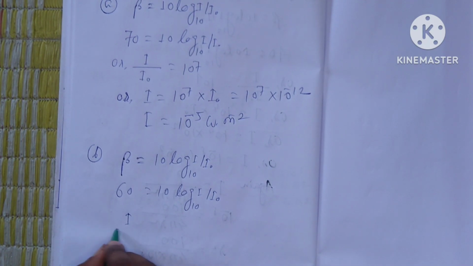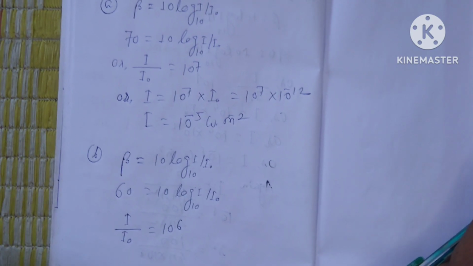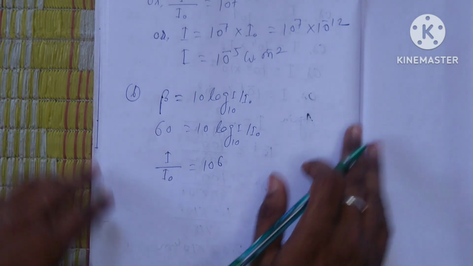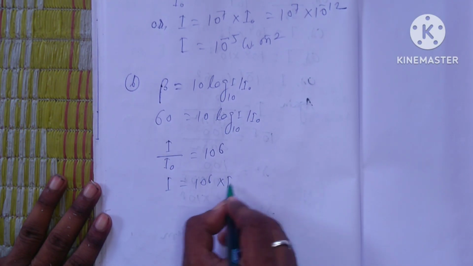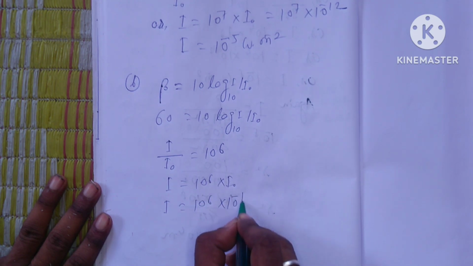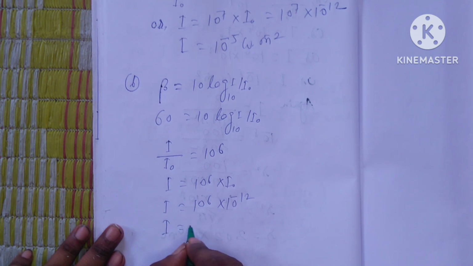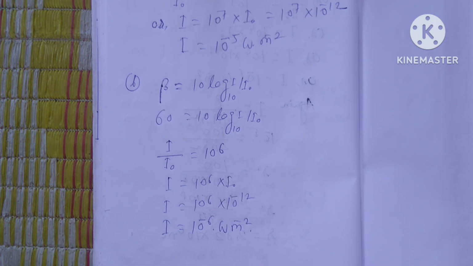So I by I0 equal to 10 to the power 6. This is the value of 10 to the power 6. So I equal to 10 to the power 6 into I0. So I equal to 10 to the power 6 into 10 to the power minus 12. So I equal to 10 to the power minus 6 watt meter to the power minus 2.